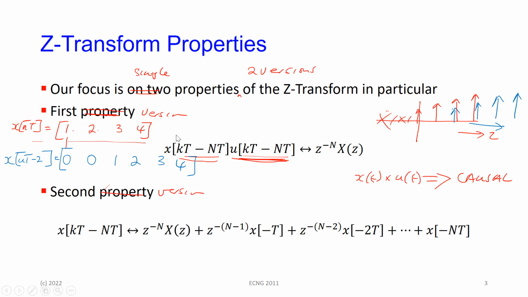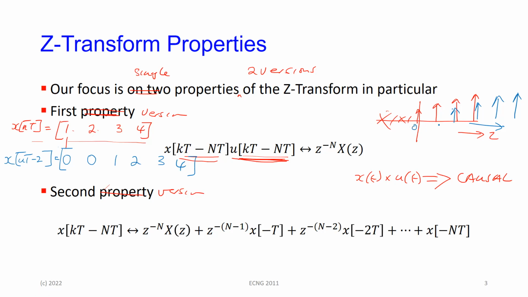I delay this entire sequence by 2 time units. So in other words, whatever this value here is now here, 2 units down.